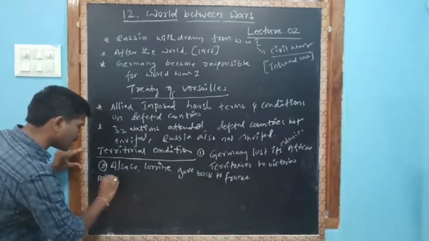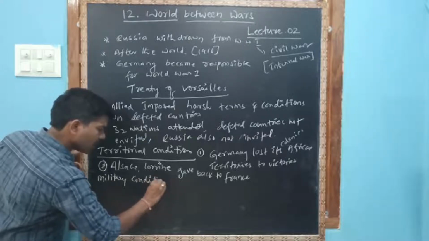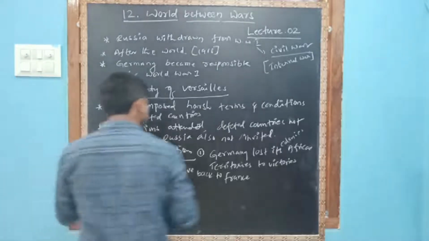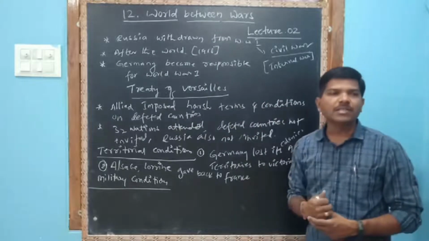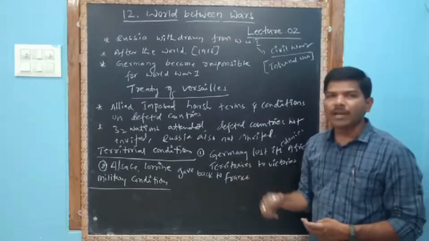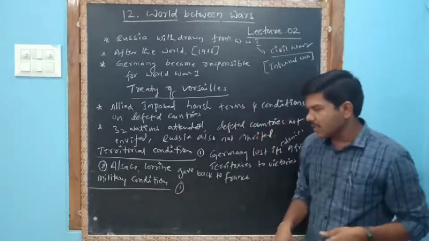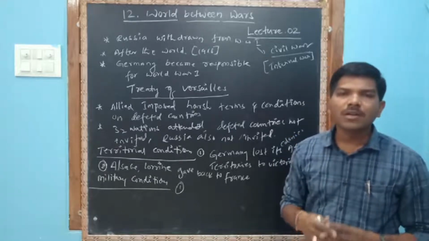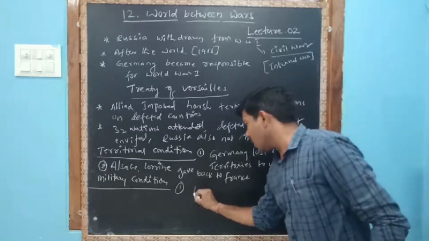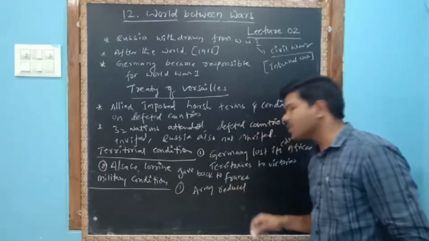Next, military conditions. They imposed military penalties on Germany. The first point in the military conditions is that their army was reduced from 9 lakh to just 1 lakh. Reduced means decreased.